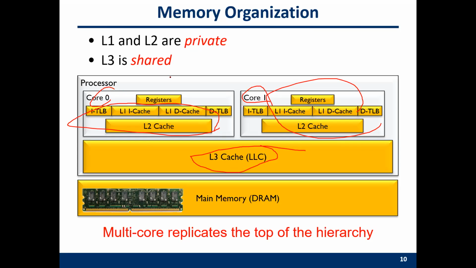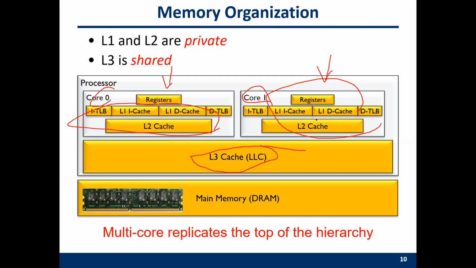For example, if you run a memory non-intensive workload on core 0, the application uses only a little cache, but you run a very memory-intensive workload on core 1.